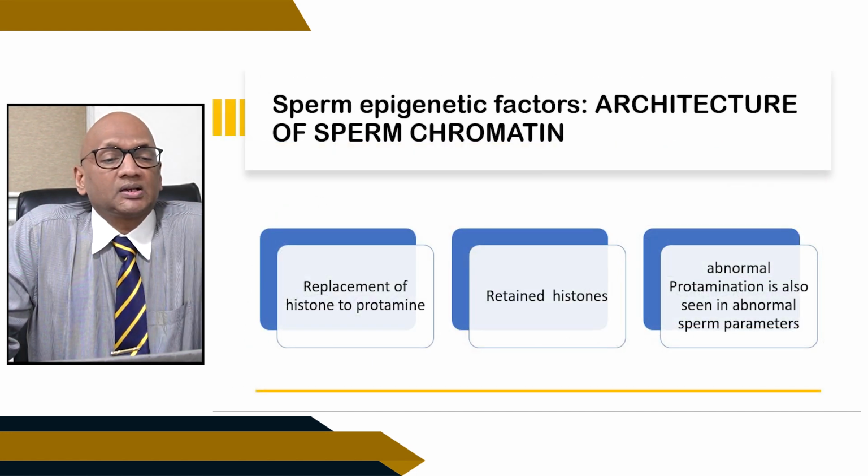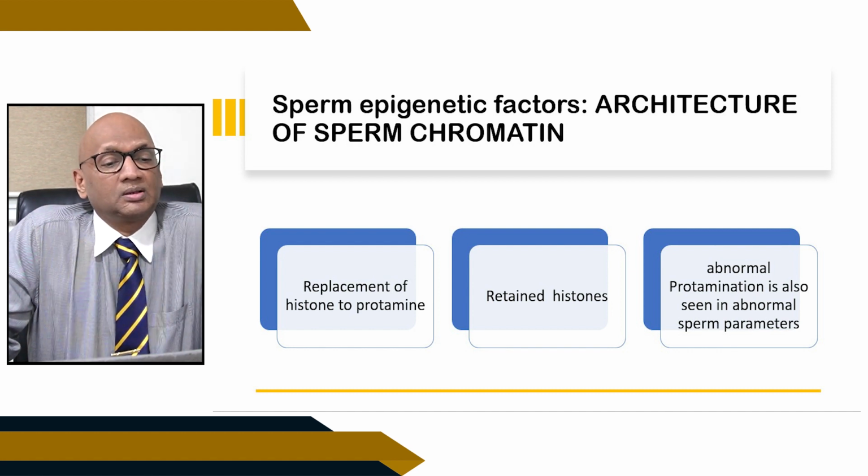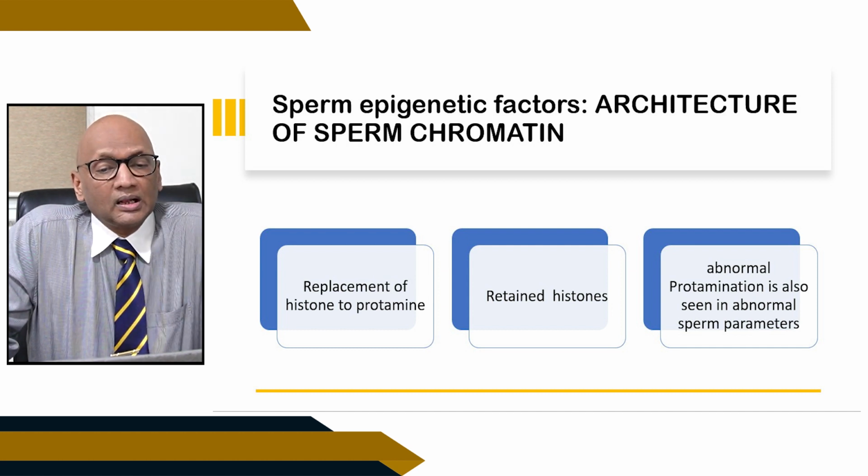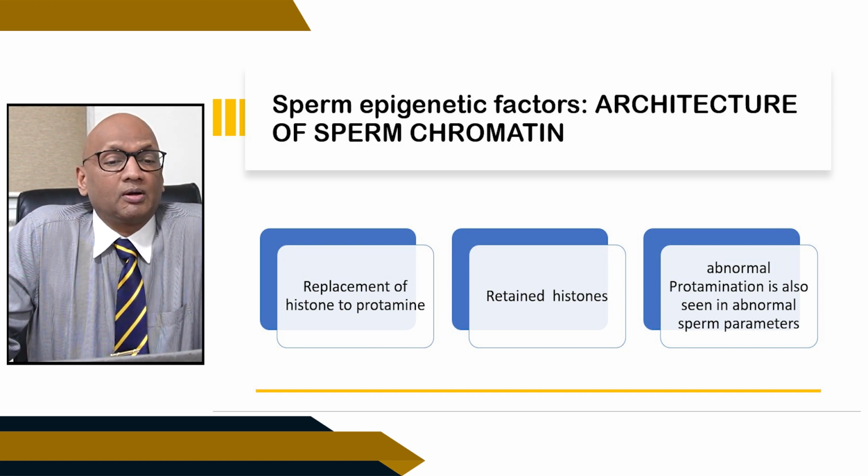When you look at the architecture of the sperm chromatin, histones are replaced by protamines, and around 10 to 14% are retained histones which can undergo methylation, phosphorylation and acetylation. Abnormal protamination is associated with abnormal morphology.